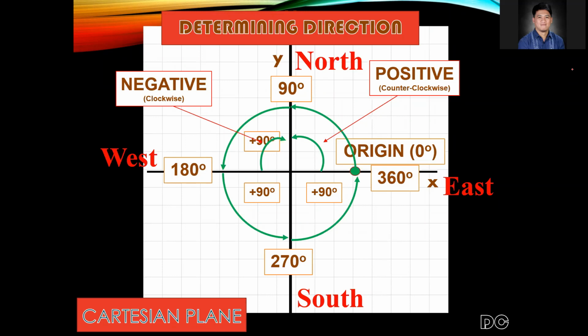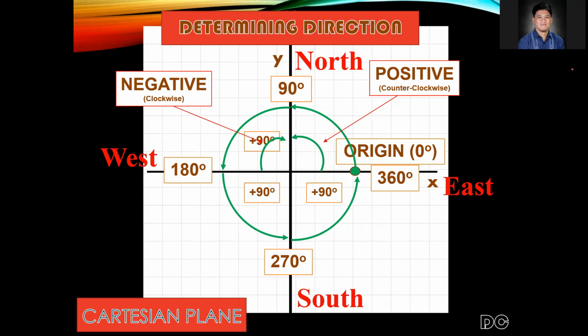Because as I have mentioned, the positive and negative sign of our angle is just an indicator. It only tells us which way is the rotation of your angle. If it is counterclockwise, therefore it is positive. If it is clockwise, it means negative.